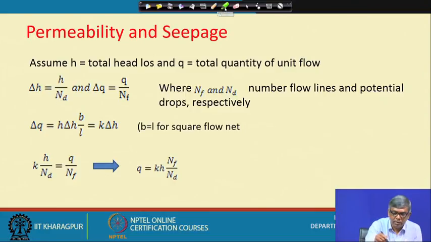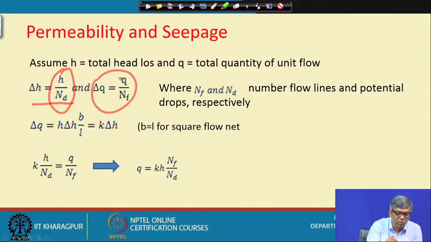Then our delta H will be total head by number of drops, and del Q will be Q by number of flow channels. NF is the number of flow channels, and ND is the number of potential drops. So, del Q will be k delta H B by L, so k times delta H, and again k into H by ND.